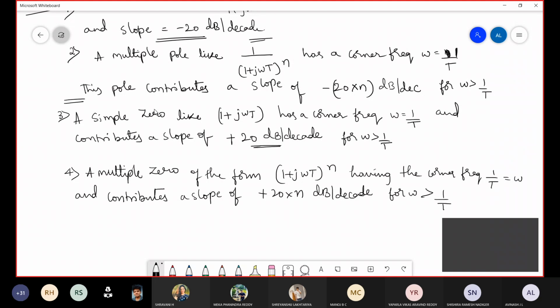These are the fundamental steps we need to understand before plotting the Bode plot.